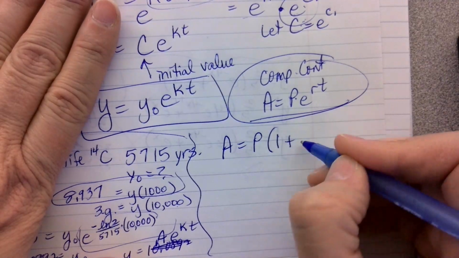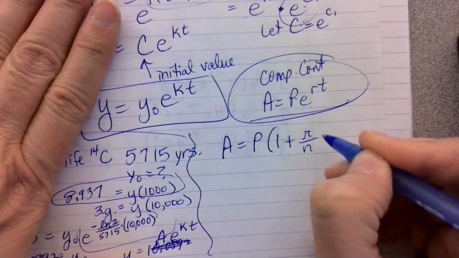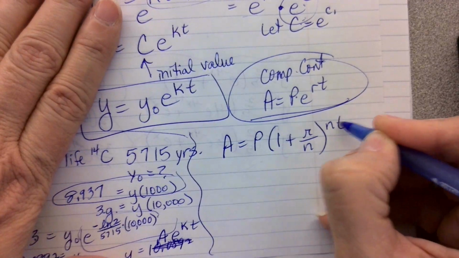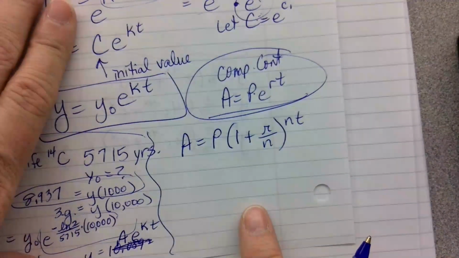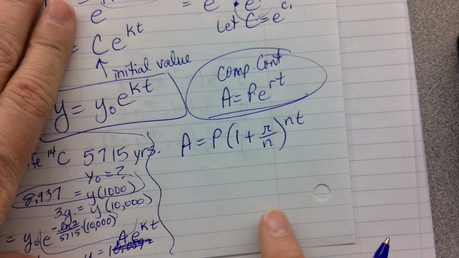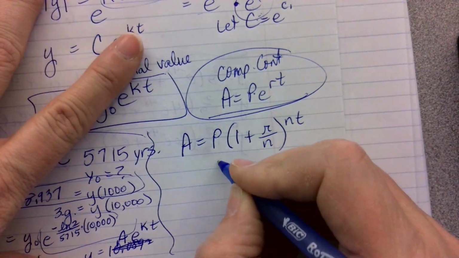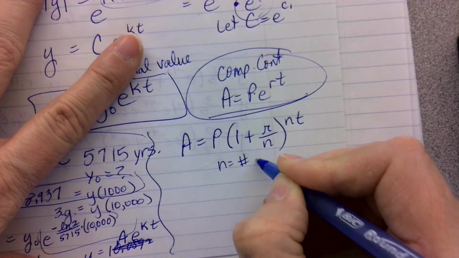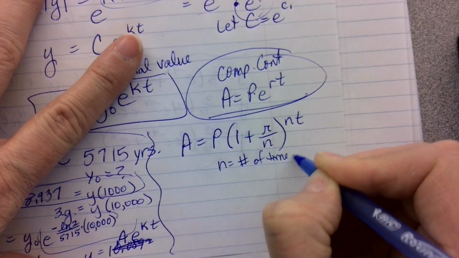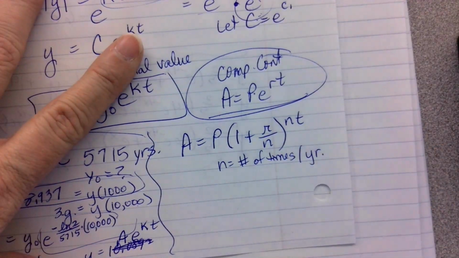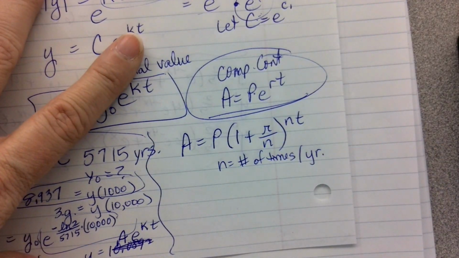1 plus r over n, raised to the nt. So compounded quarterly means n is what? Number of times per year. So quarterly means 4 times per year.